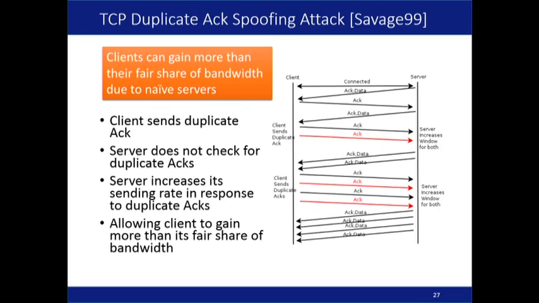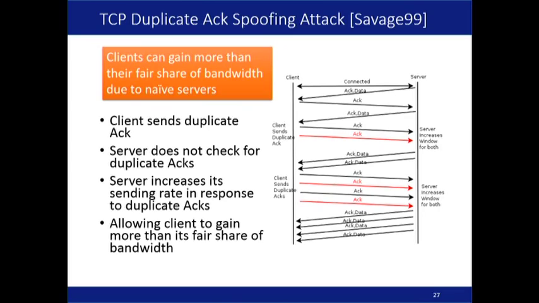The way this attack works is that, if you recall from our previous discussion of TCP, when either the client or a server receives data, they need to acknowledge that data. However, instead of just sending a single acknowledgement, the client can send multiple acknowledgements, some of which are duplicated.